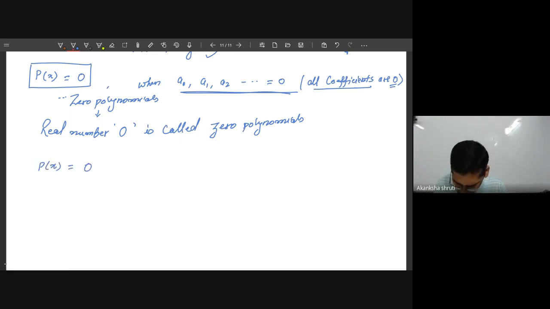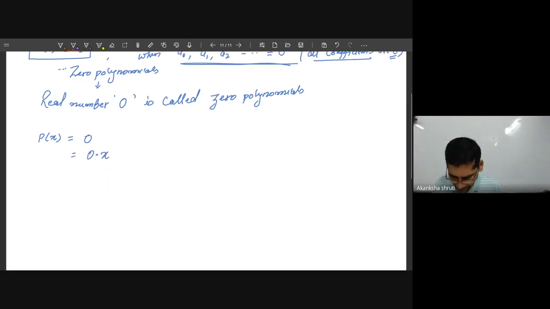P(x) is equal to 0. How can I write this? I can write this as 0 into x only. In this case, what can we say? What is the power of this x? This implies the power of x is 1. This can also be written as 0 into x square.